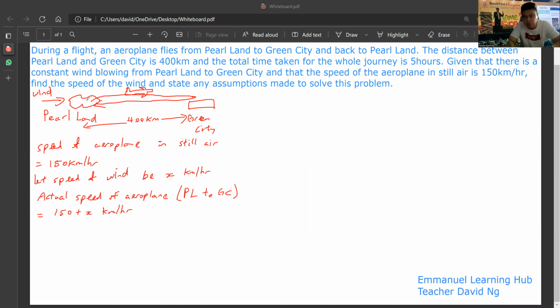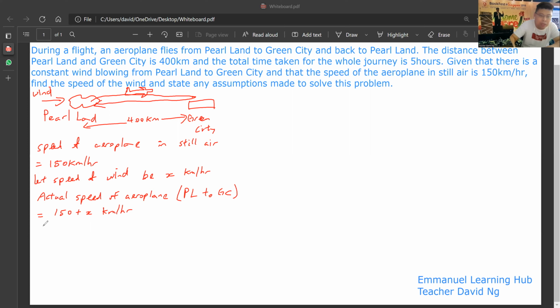Because this is the speed of the aeroplane in still air, you then need to add the speed of the wind, because the wind blows from Pearland to Green City. So I need to add x. That's the actual speed of the aeroplane.